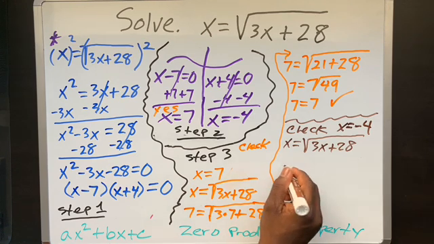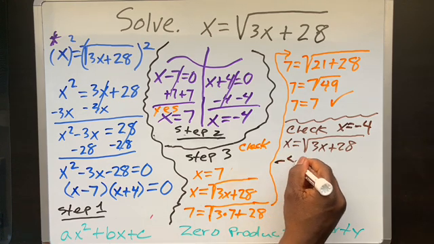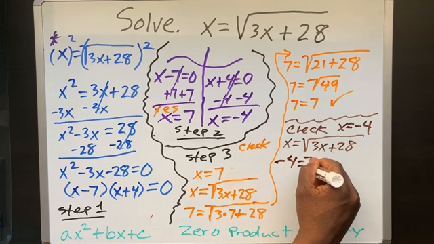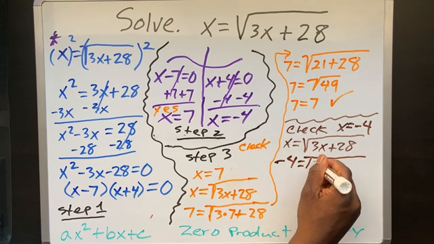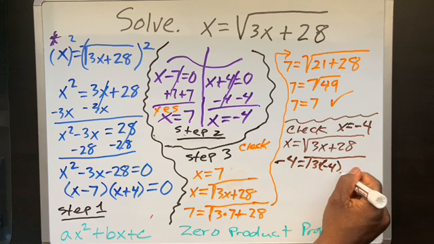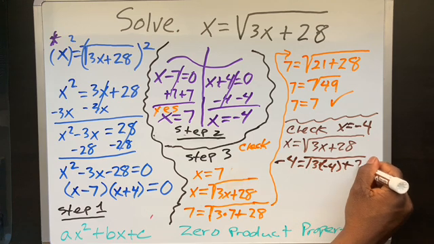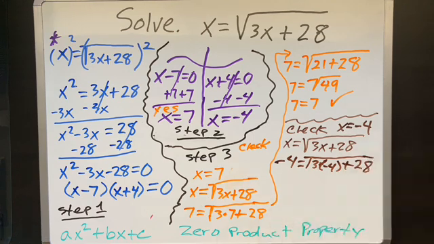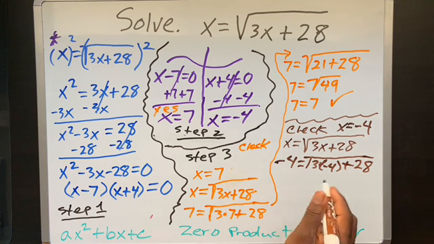When we do that, we get -4 equals square root of 3 times -4 plus 28. Very good. Now, let's go ahead and simplify.